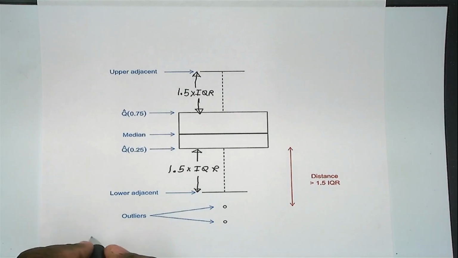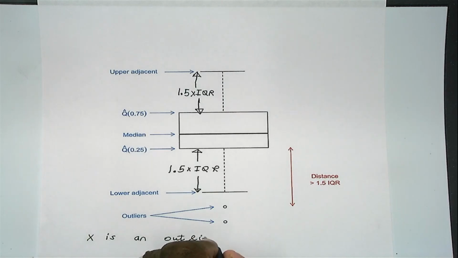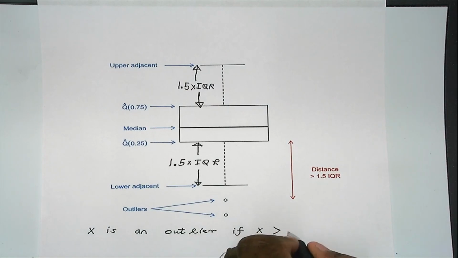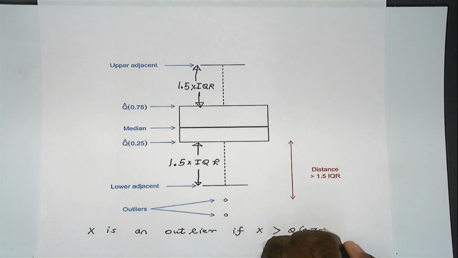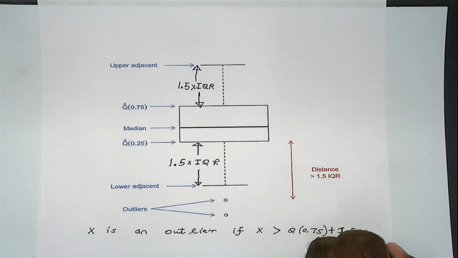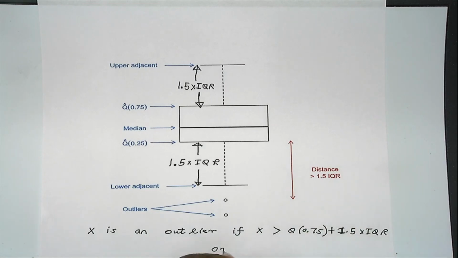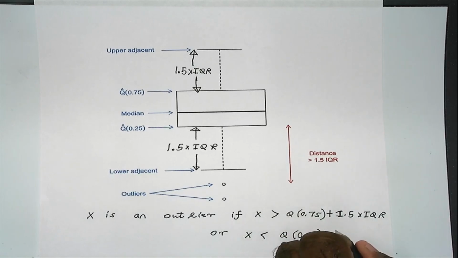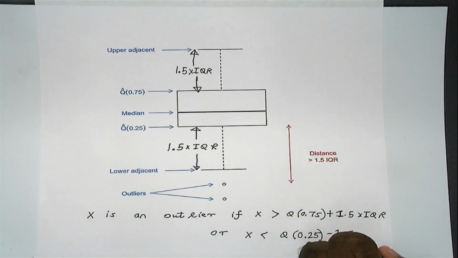So suppose X is a data point. X is an outlier if the value for X is either greater than Q at 0.75 plus 1.5 times IQR, or if X is less than Q at 0.25 minus 1.5 times IQR.